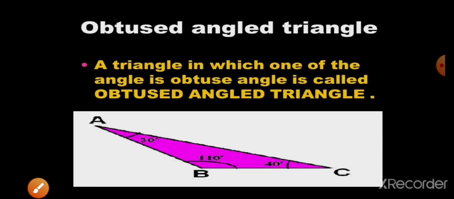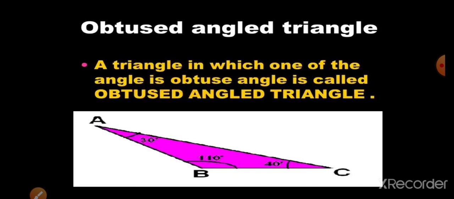Next, the third one, obtuse angled triangle. A triangle in which one of the angles is an obtuse angle is called an obtuse angled triangle. Obtuse means greater than 90 degrees.